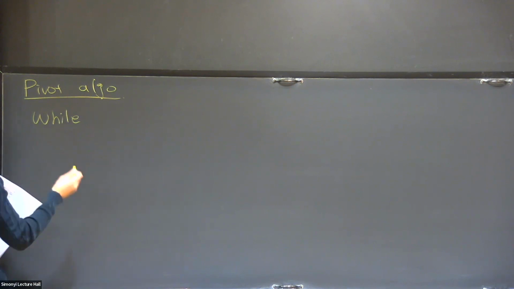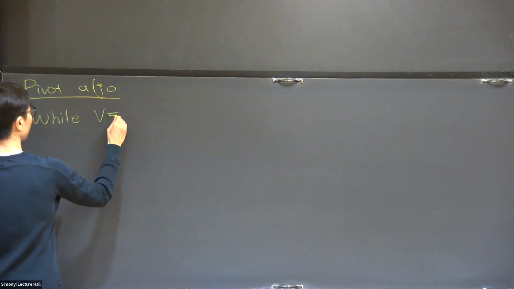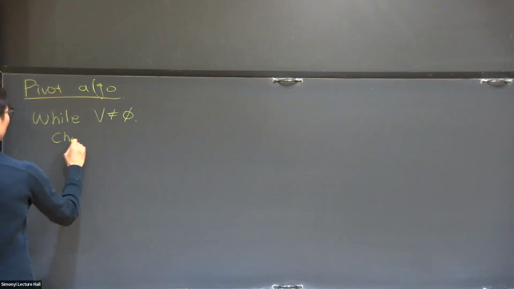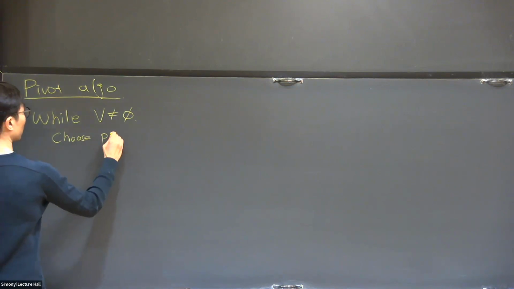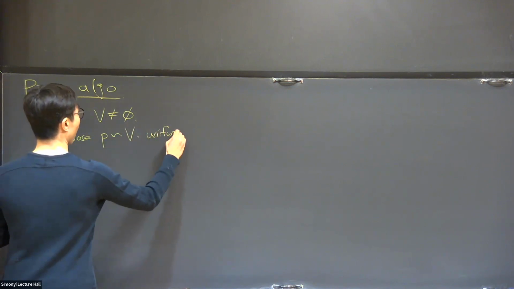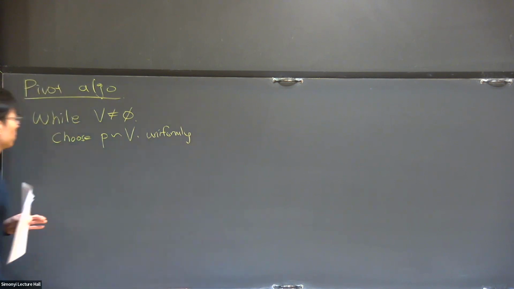Suppose that we start from the initial graph, and if something remains, we just run the algorithm. The way they take out the cluster is by starting with a uniformly chosen pivot vertex P from the remaining vertices.